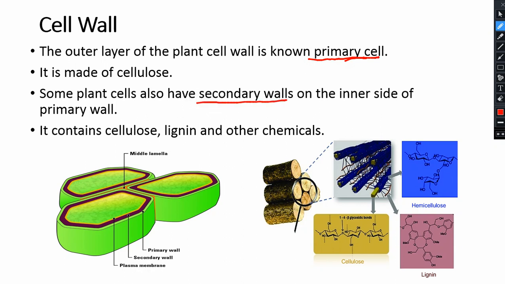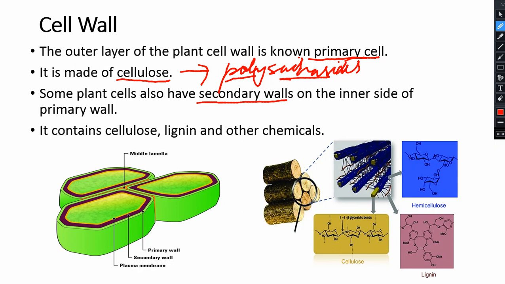The primary cell wall is mostly made up of cellulose. Cellulose is a polysaccharide. Remember, poly means many and saccharide means sugar. It is made from many units of sugar.